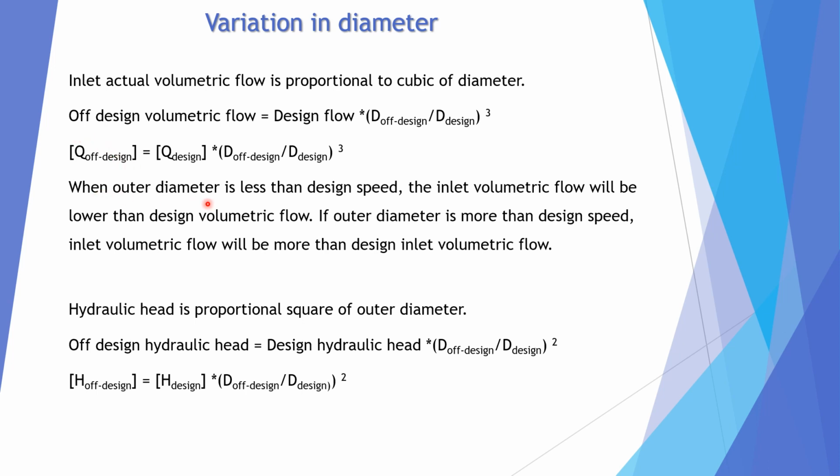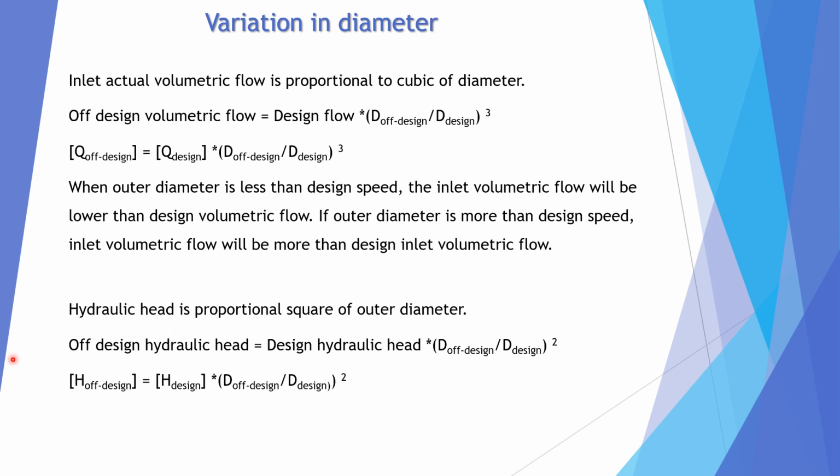So when outer diameter is less than design, actually not speed, design diameter, wrongly written speed, design diameter, inlet volumetric flow will be lesser than design volumetric flow. If outer diameter is more than the design diameter, again wrongly written, then inlet volumetric flow will be more than design inlet volumetric flow.